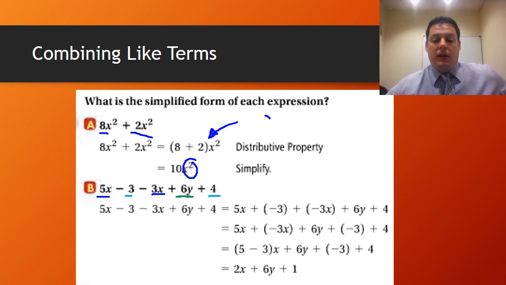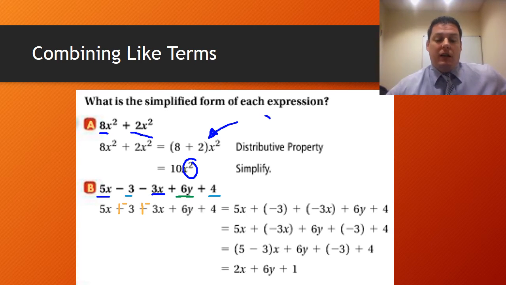So what I would recommend doing is writing them in the order that puts them together. If you remember from before, first we want to add the opposite of everything. We want to change minus 3 into plus negative 3, and minus 3x into plus negative 3x. The reason we do that is because it makes it easier to switch everything around without getting confused.